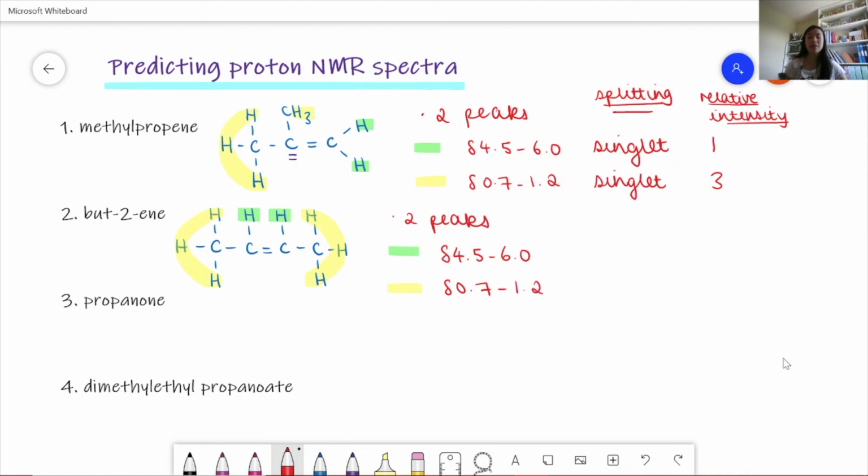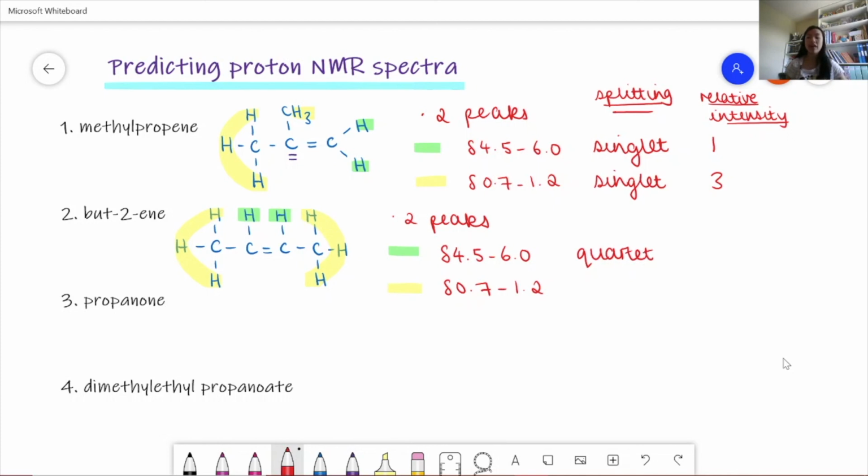And then now we look at the splitting again. So firstly, looking at the green hydrogens, we look at the adjacent carbon, so basically the 2 carbons on the outside, and they both have 3 hydrogens on those carbons, and so we must have a quartet peak due to the n+1 rule.